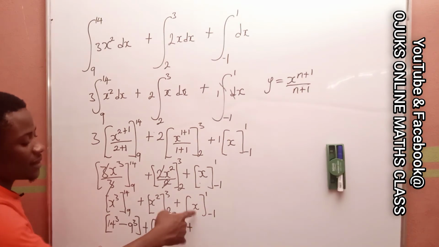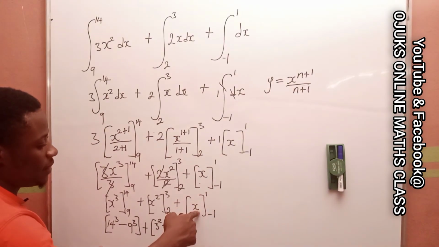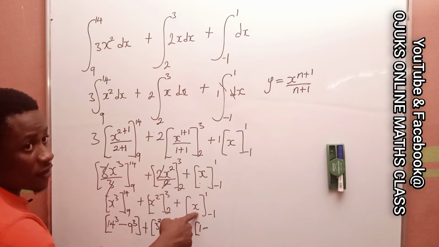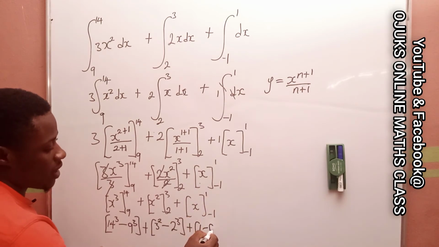Then plus, the same thing goes for this x. The upper limit stands in place of x, which is 1, minus, the lower limit stands in place of x, which is minus 1. So we'll have in bracket minus 1, something like this.